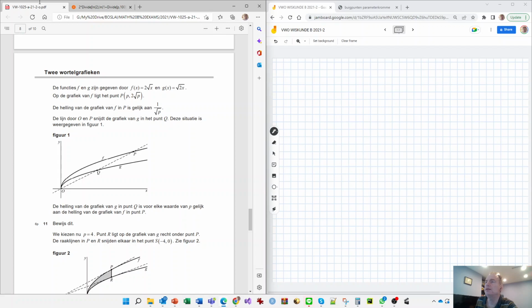And then a line from the origin to P intersects G in this point Q. And then they say the slope at this point Q is actually the same as the slope at P for every P.